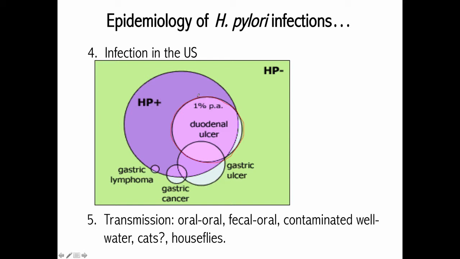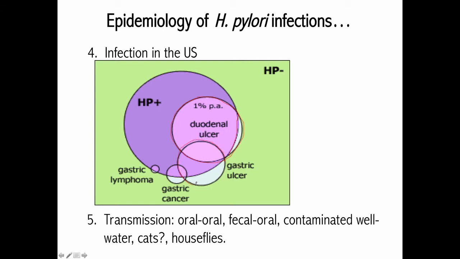And you can see that the large proportion of people who have duodenal ulcers have pylori infections, and there is obviously a small fraction over here, outside the H. pylori positive bubble, who have some other cause of duodenal ulcers.